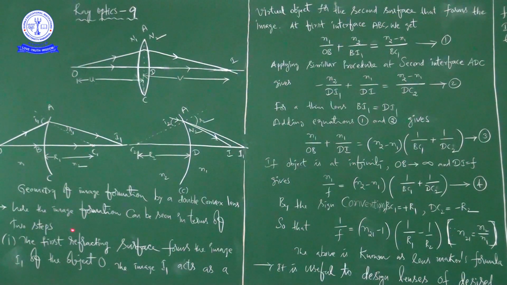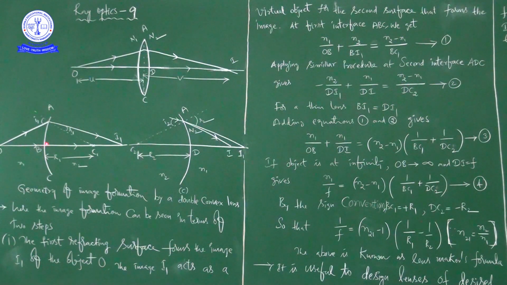See this, the image formation can be seen in terms of two steps. As I explained earlier, the first refracting surface forms the image I1 of the object O. The image I1 acts as a virtual object for the second surface, that forms the image here.